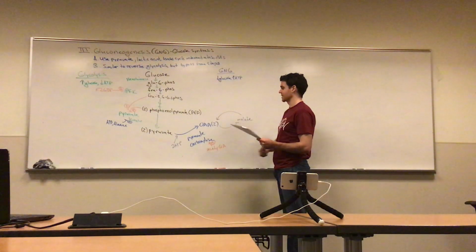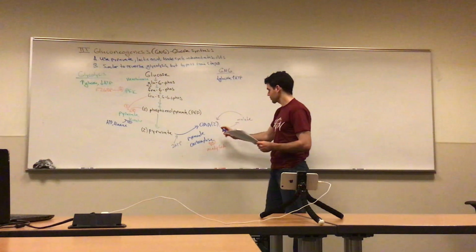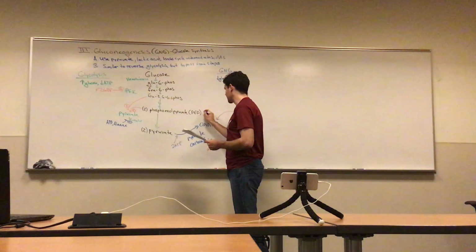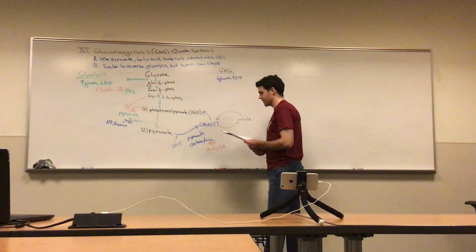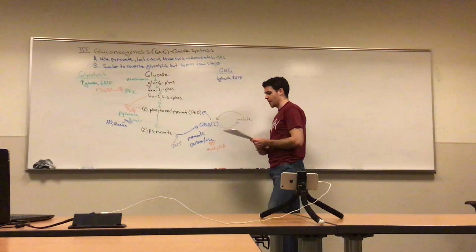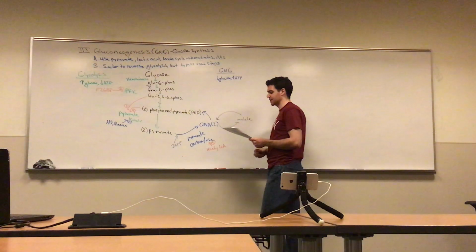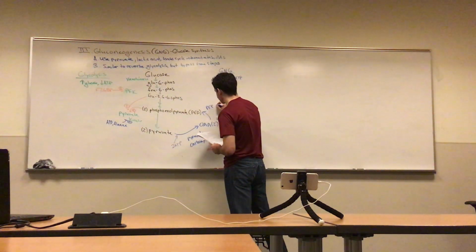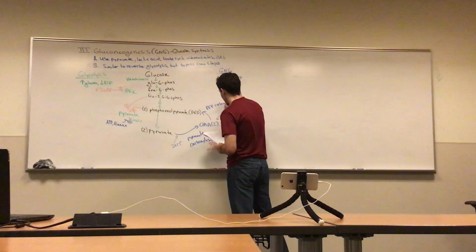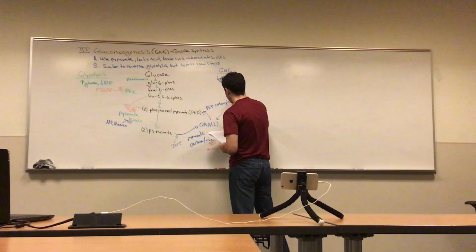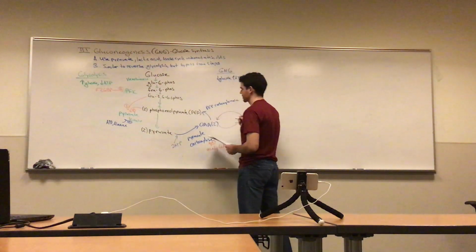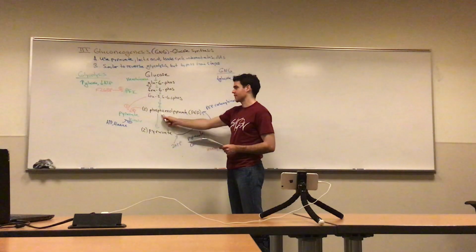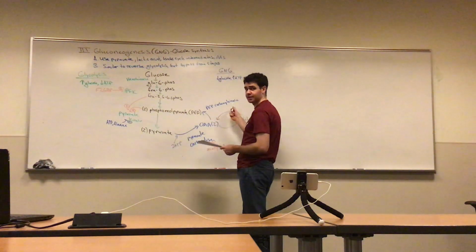So then we have oxaloacetate now in the cytoplasm. Now that becomes PEP via an enzyme called phosphoenolpyruvate carboxykinase. We have a phosphopyruvate, so we have a kinase.